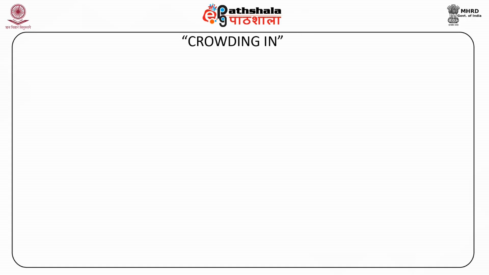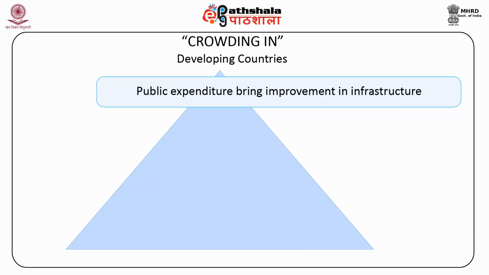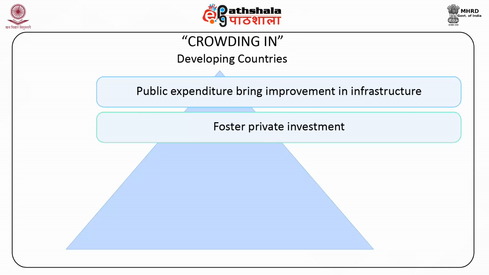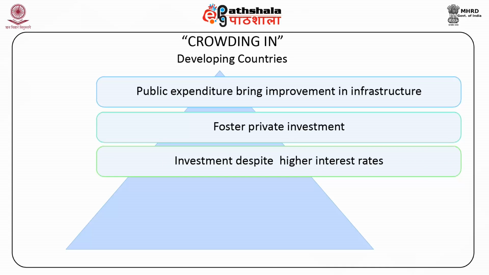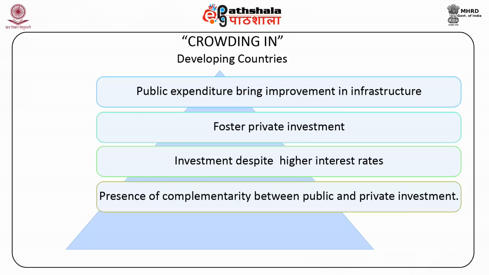For instance, in developing economies, public expenditure may bring about improvement in infrastructure and thereby foster private investment despite higher interest rates, owing to the presence of complementarity between public and private investment.